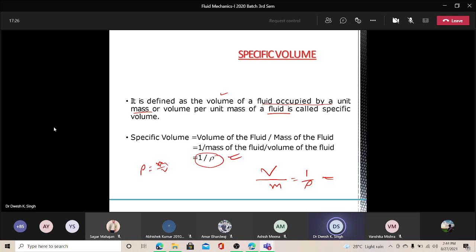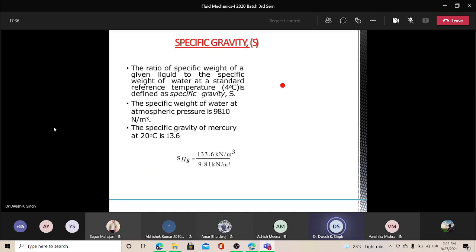Now next comes specific gravity. Let me first tell you, we have some standard fluids. In liquids, the standard is water, and in gases, the standard fluid is air.